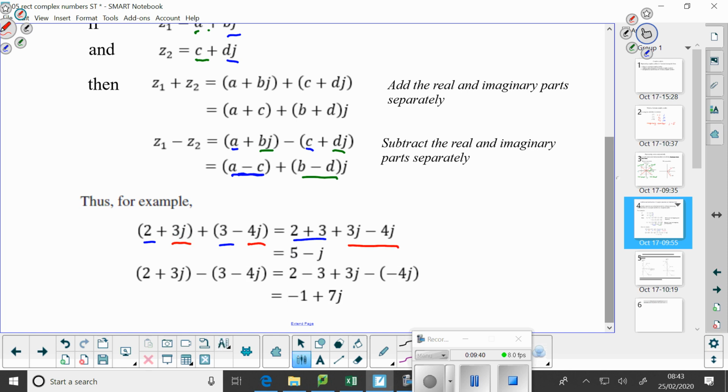So 2 plus 3 is 5, and 3j minus 4j is minus 1j, or just minus j. Yeah?